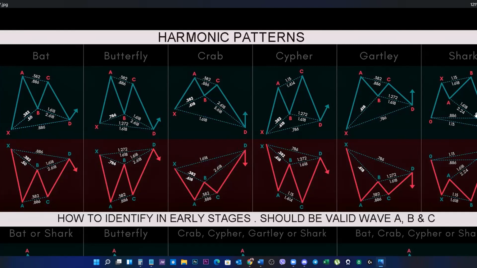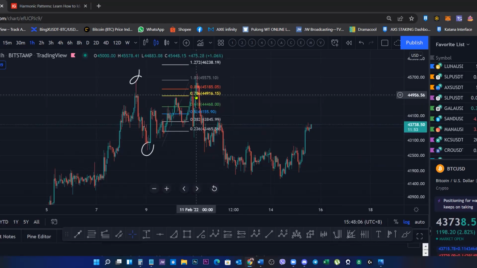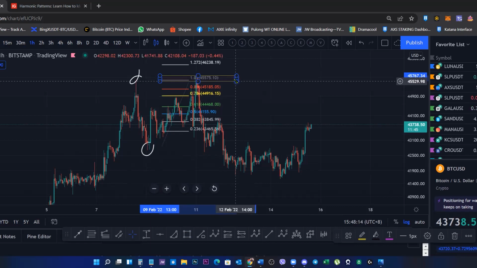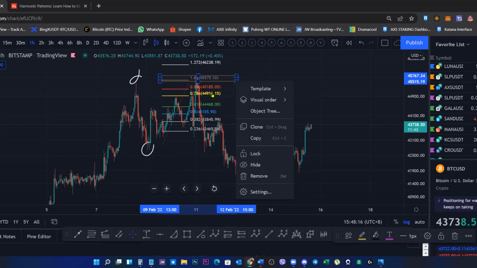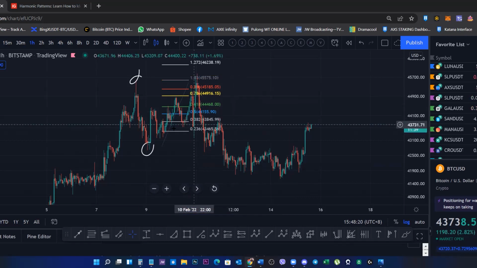Okay, but as you can see, 0.886, this is between, sorry, this is 1.03, as you can see here. So this is a possible harmonic pattern now.